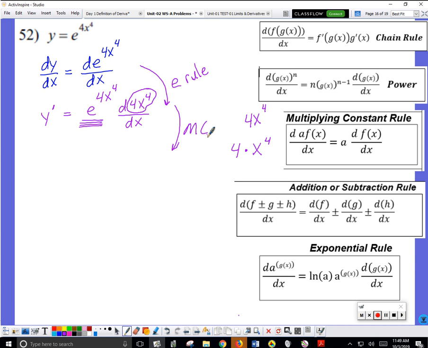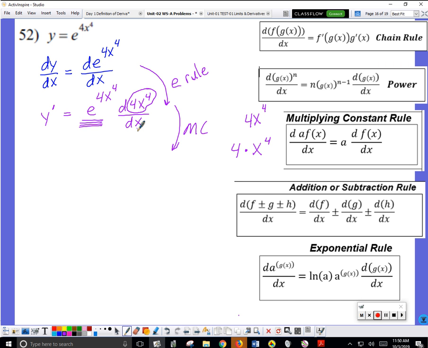So for the power rule to work, you must have d over dx of whatever to the 4th power. So you've got d over dx. So what's being raised to the 4th power? Just the x.